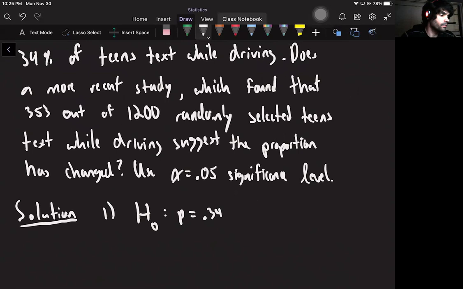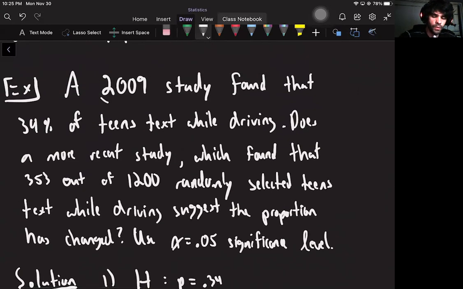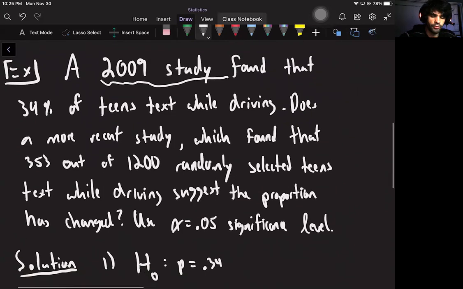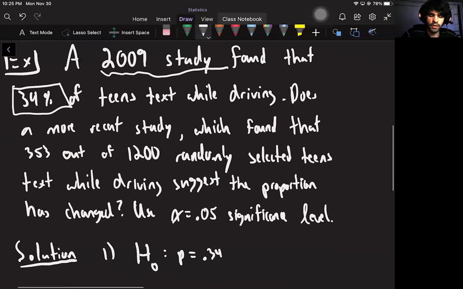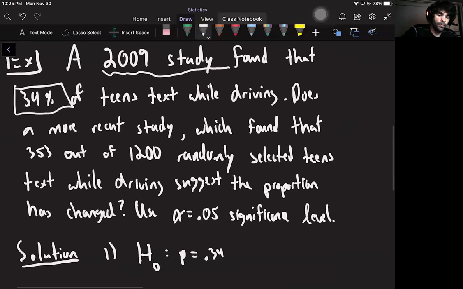So the idea here is that a different study, this one, is suggesting that the true proportion of teens that text while driving is 34%. So our null hypothesis is that that is correct, that that's the true proportion. And we want to see if our sample suggests that actually that's wrong.